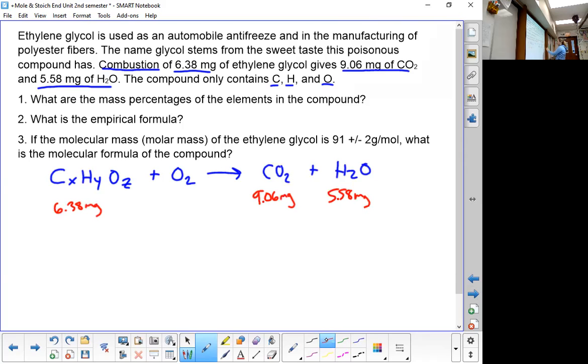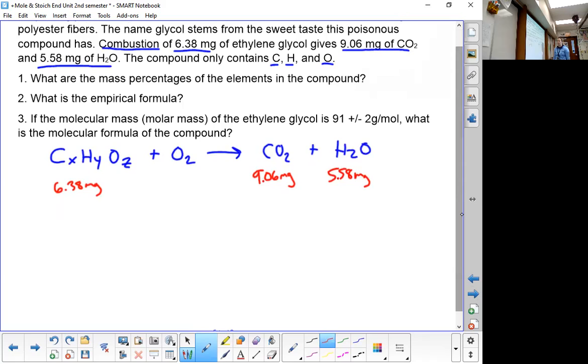So here you're like, well, how do I do this? I haven't been given percentages and whatnot. Well, you have 9.06 milligrams of carbon dioxide, but all of the carbon that's in the carbon dioxide came from the amount that was in this compound.